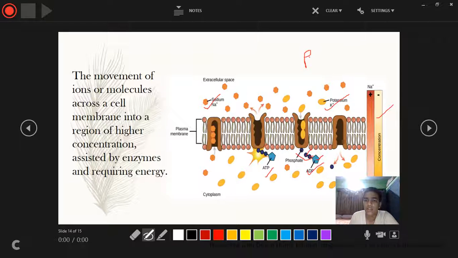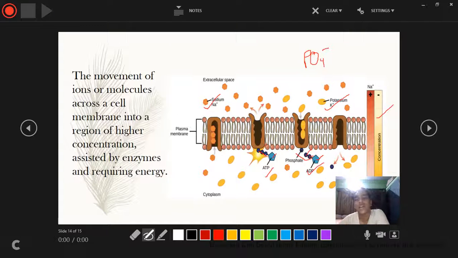Previously I said what phosphate is: the symbol PO4 negative. Di means two, and it combines with one more to form ATP. This is adenosine, and this is three.